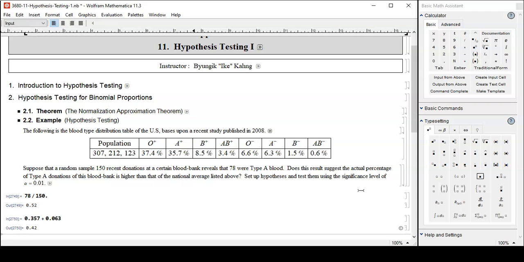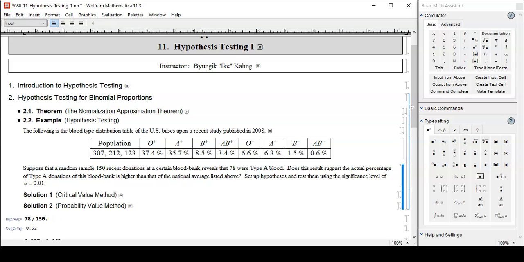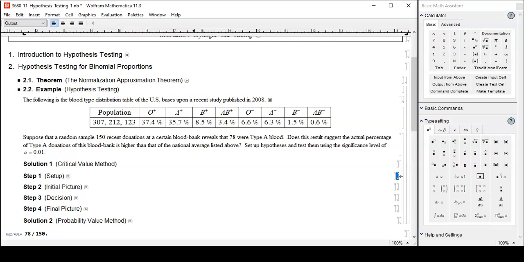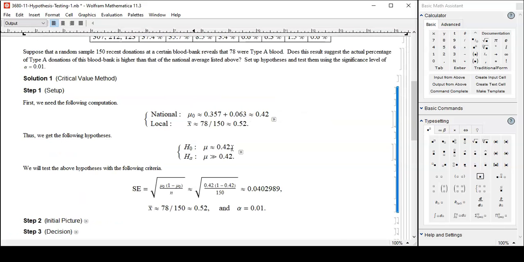Now let's set up the hypothesis. So what's the null hypothesis? Mu is approximately equal to what? 0.52 or 0.42? It should be 0.42. This null hypothesis did not come from the sample.